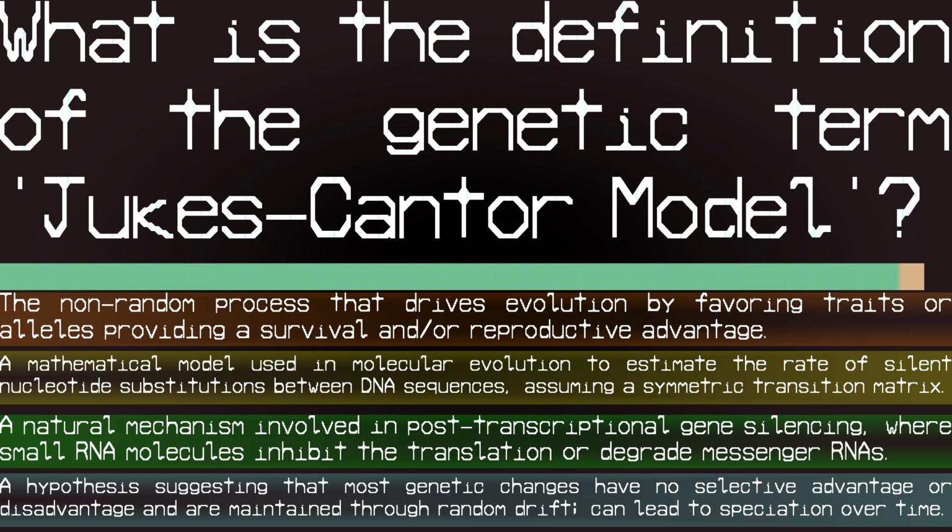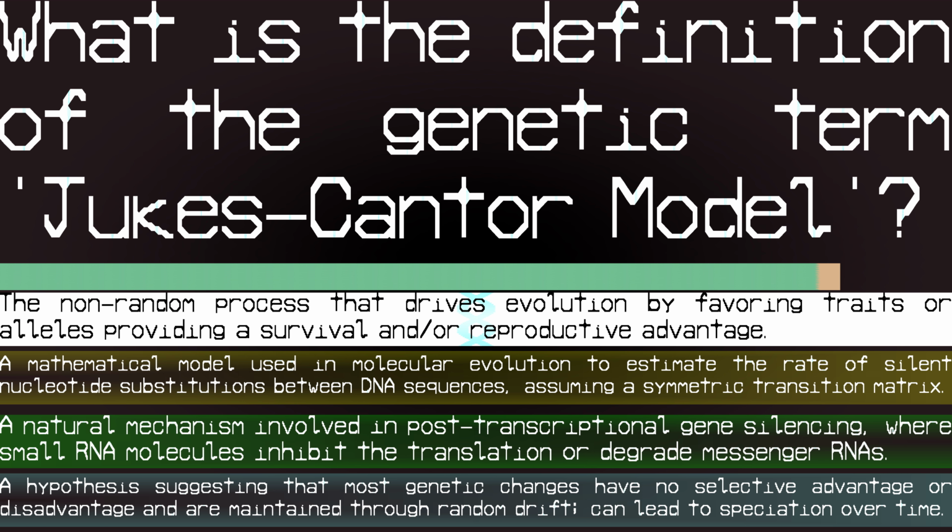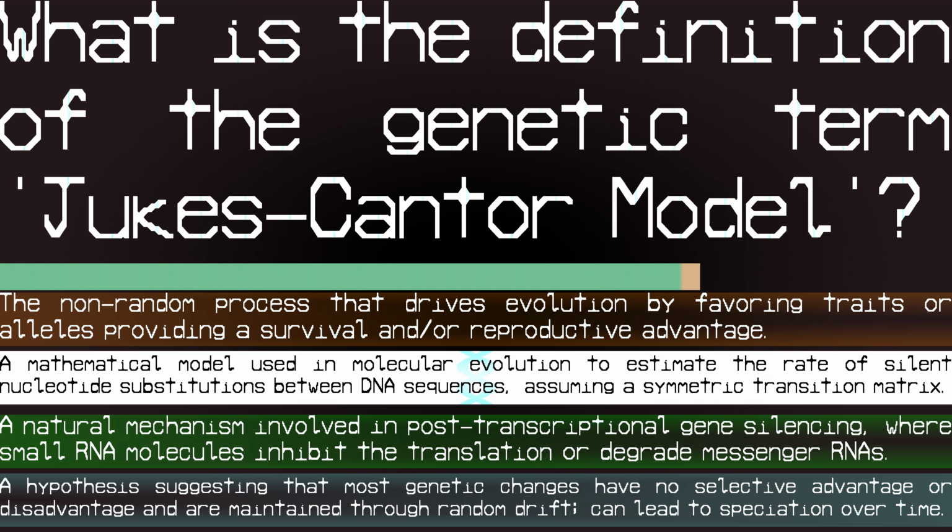What is the definition of the genetic term Jukes-Cantor Model? The non-random process that drives evolution by favoring traits or alleles providing a survival and/or reproductive advantage. A mathematical model used in molecular evolution to estimate the rate of silent nucleotide substitutions between DNA sequences, assuming a symmetric transition matrix.